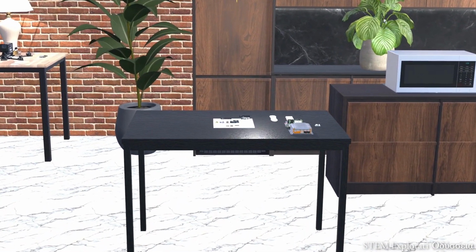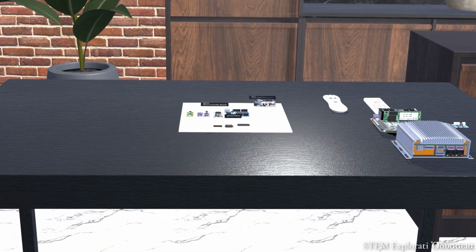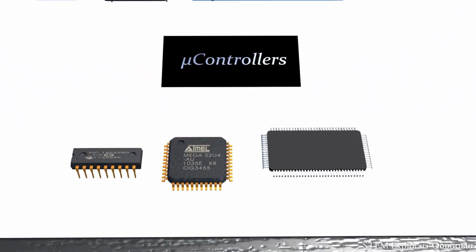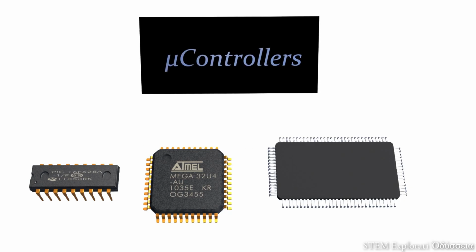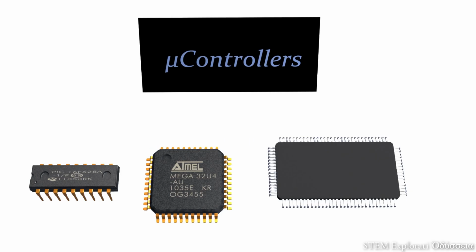Let's start with microcontrollers. So what exactly are they? Think of a microcontroller as a tiny computer on a single chip designed to handle a few simple tasks really well. Unlike a laptop or smartphone, which can run all kinds of complex programs, a microcontroller is usually used to control a few specific functions. It combines a processor, memory, and input-output pins all in one package, making it compact and inexpensive.